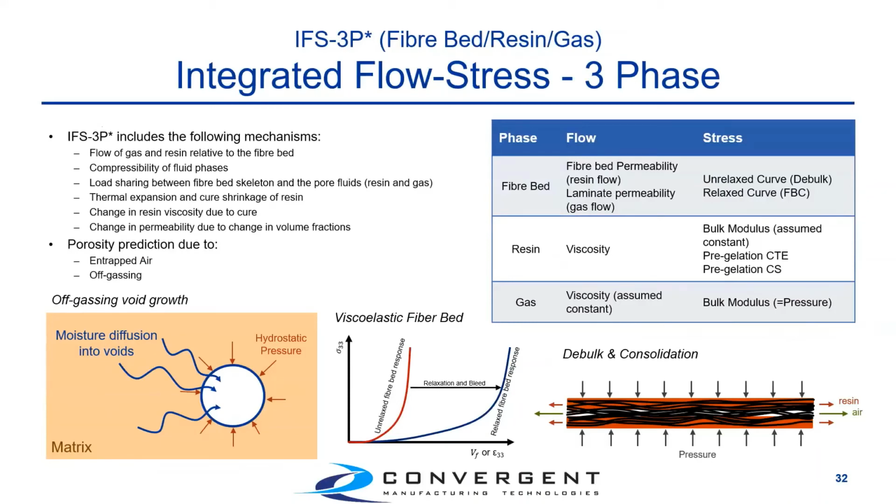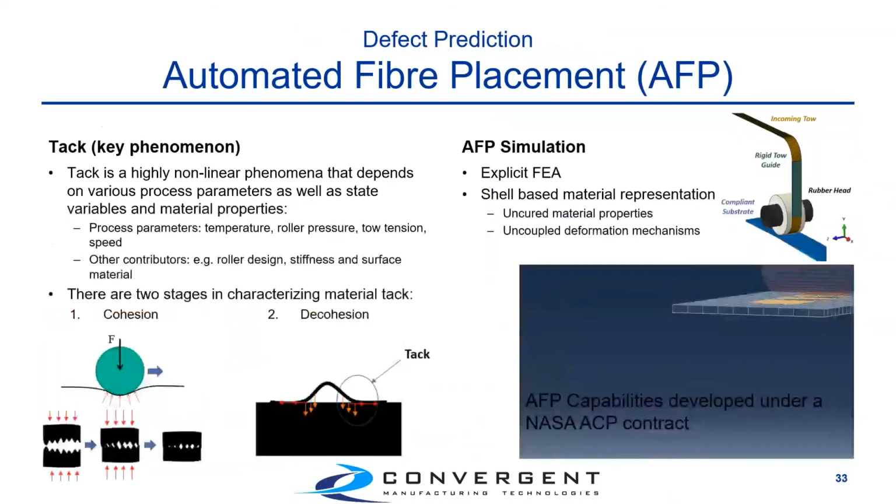So the bulk factor, all of that can be incorporated to predict the porosity of the part. There are some publications on these new features that we can share with you if you're interested in, say, predicting porosity using COMPRO as well.